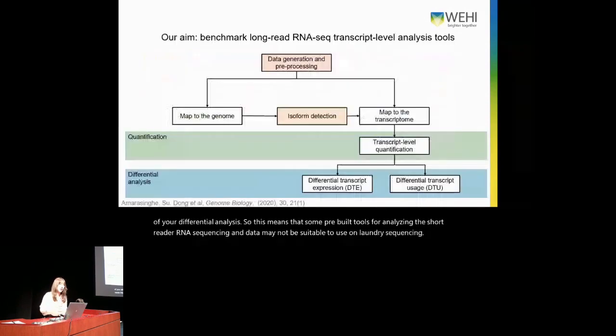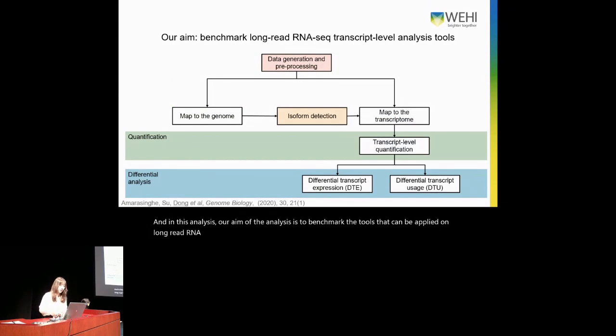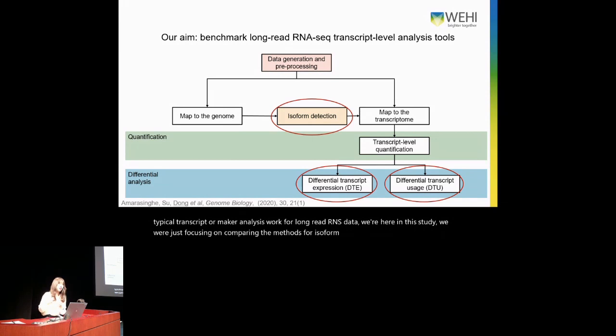In this analysis, our aim is to benchmark the tools that can be applied to long-read RNA sequencing data analysis. There are quite a lot of steps in the typical transcriptomic analysis workflow for long-read RNA-seq data, but in this study we focused on comparing methods for isoform detection, which is detecting whether there are any novel transcripts in the sample that are not annotated.